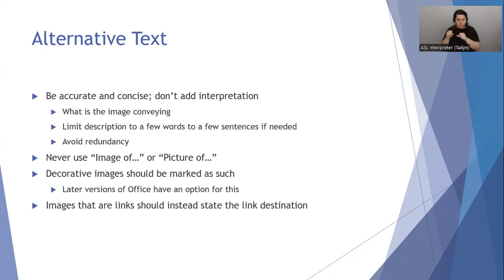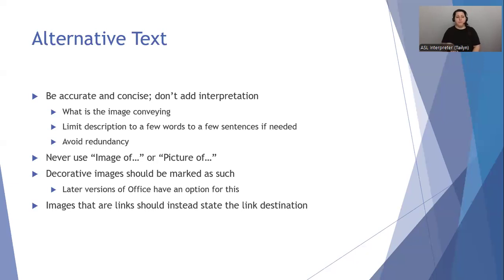There's a little checkbox in the alternative text menu that lets you click that, and then screen readers are going to ignore the image. If you don't have that, if you're using an older version of Word or another Office product, then you'll just write decorative into the alt text, because then at least that communicates the same thing to the user and they can manually skip it.